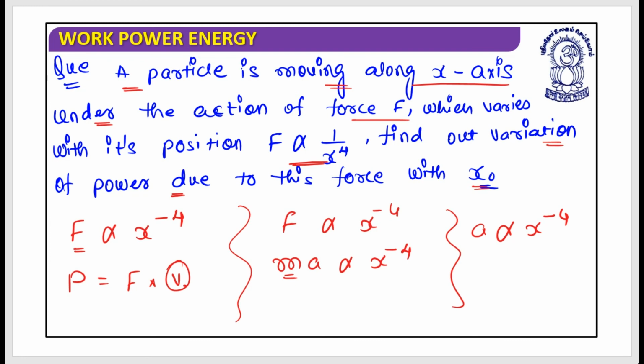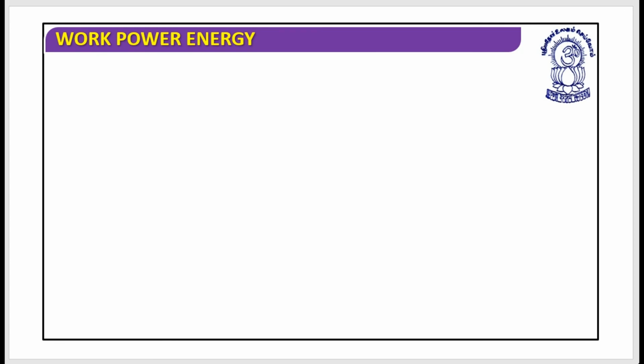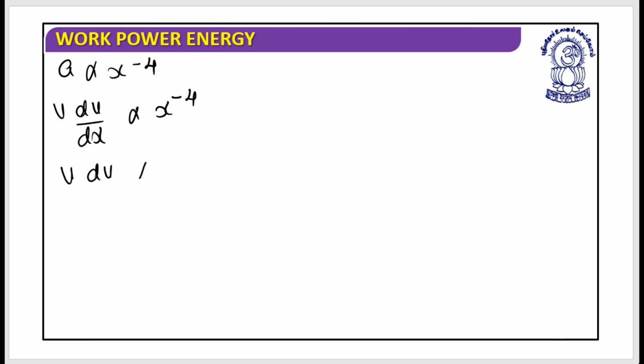How should I? Acceleration is directly proportional to x to the power minus 4, so I can have this relation: v dv by dx directly proportional to x to the power minus 4. So this could be written as v dv directly proportional to x to the power minus 4 into dx. Let's integrate this on both sides.